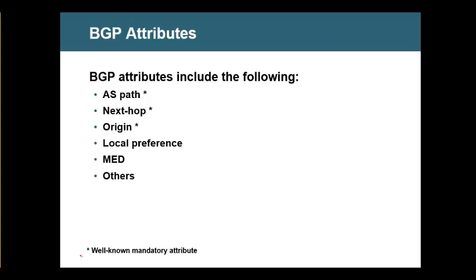So this origin, next hop attribute, AS path attribute, all these attributes are well known and mandatory.